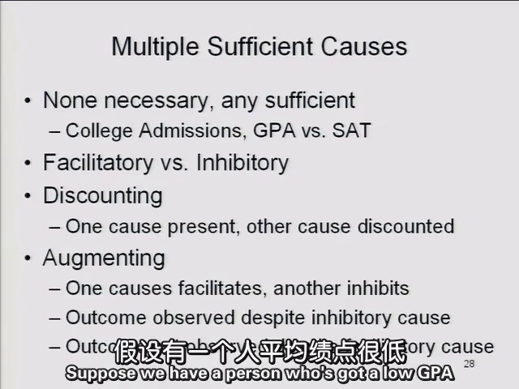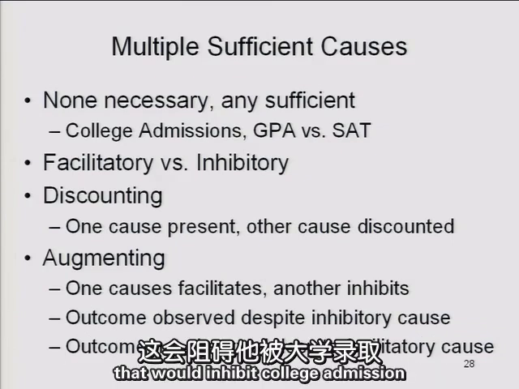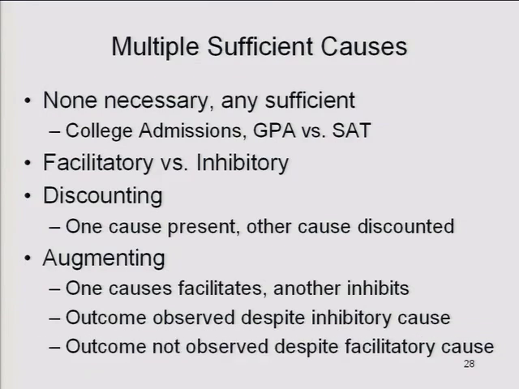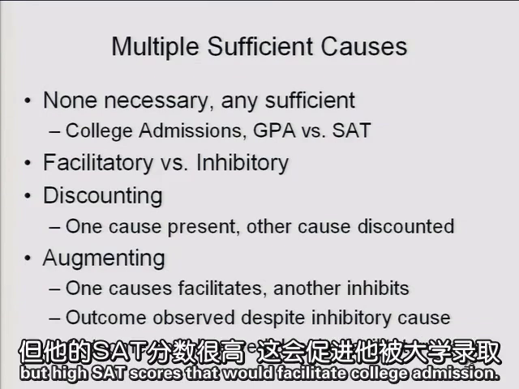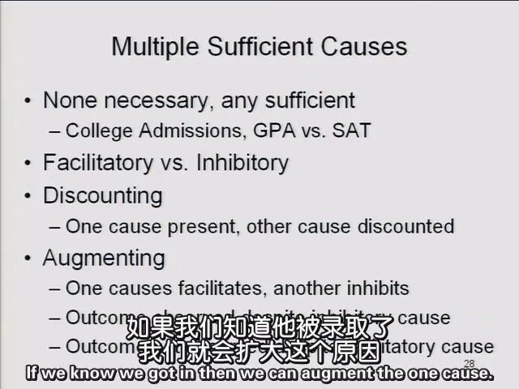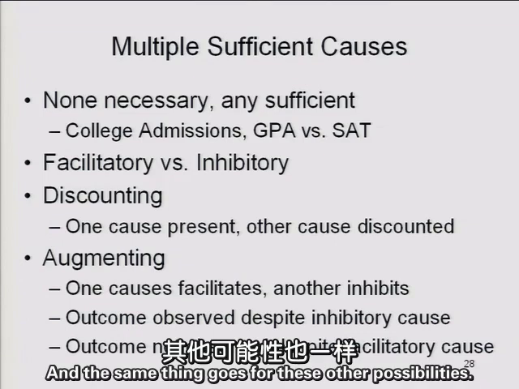Suppose we have a person who's got a low GPA that would inhibit college admission, but high SAT scores that would facilitate college admission. If we know he got in, okay, then we can augment the one cause. Okay, and the same thing goes for these other possibilities.